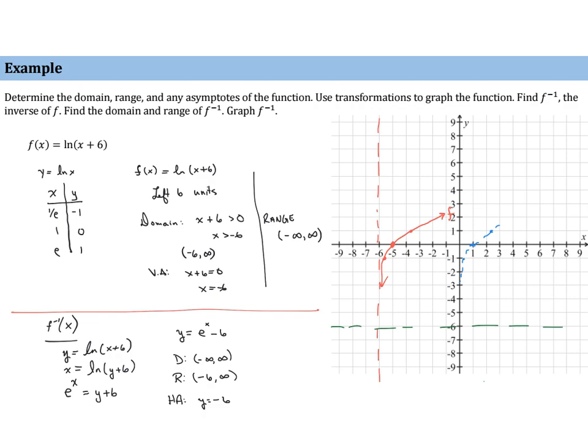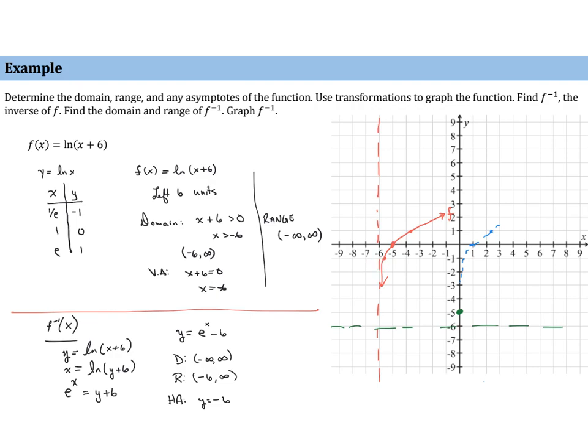And what we can do is switch the ordered pairs. So instead of -5, 0, we would have 0, -5. And instead of this point, we could switch the ordered pair.